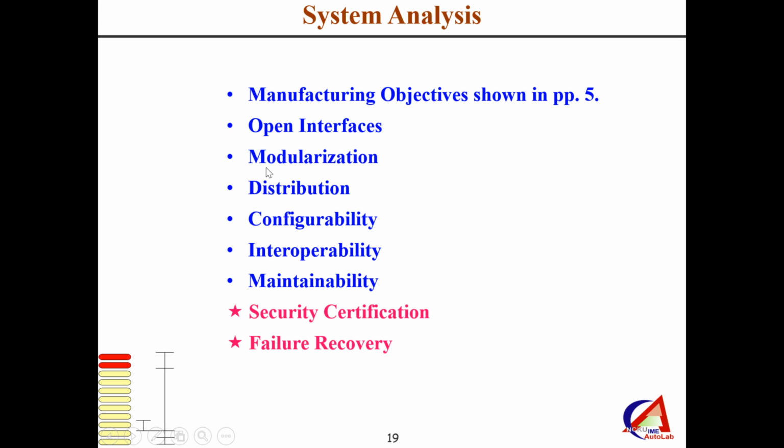Okay, then the modularization. In other words, you should let all the functions be packed individually into several modules. So all the unique, different functions will be in different modules. Then it's a kind of distribution. In other words, the functions will be distributed.